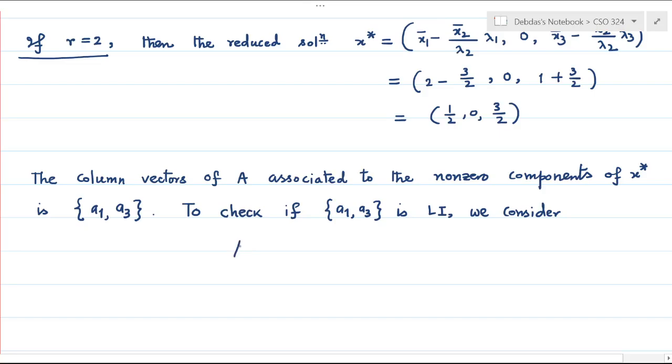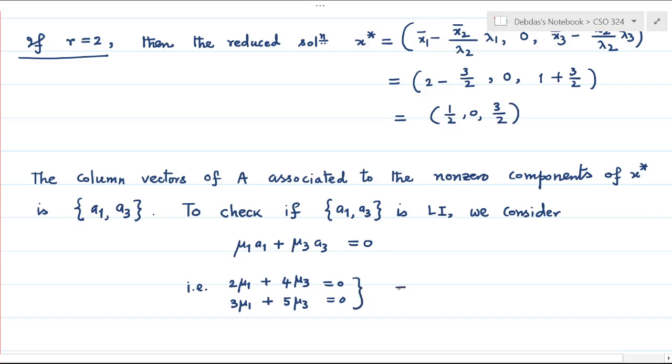Let's suppose mu1 A1 plus mu3 A3 is equal to 0, and this is giving us mu1 A1. So mu1 A1 is the vector 2, 3, so 2 mu1, 3 mu1, plus mu3 into A3 is having 4 and 5 as the components, so 4 mu3, 5 mu3 equals to 0.